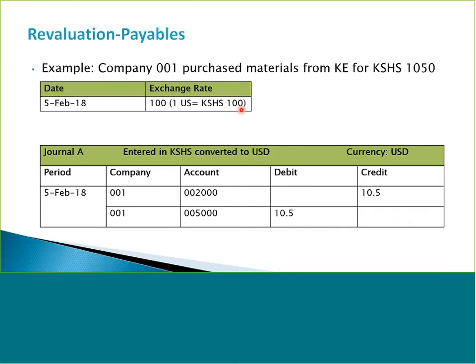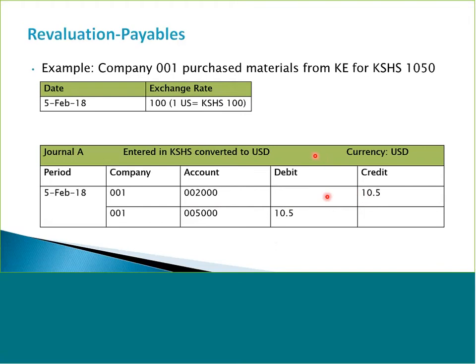So when we entered this journal with 1,050 Kenya shillings, and this amount was subjected to the exchange rate, the accounted amount ended up as $10.50. So since we are purchasing, we debit our expense account and we credit our payables account.